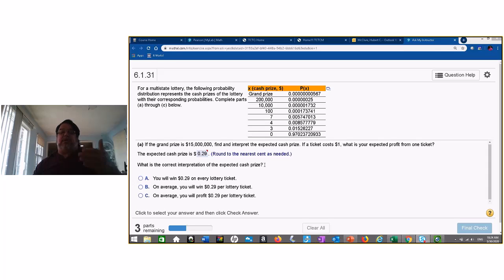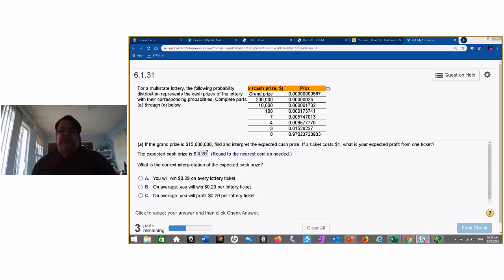They're giving us the mean formula. The mean formula, we're going to take all of these and we're going to multiply them out. And that's a different question. So what they should have right here, where it says the expected cash value, or whatever, the expected cash price, is the mean. That's what it should say.